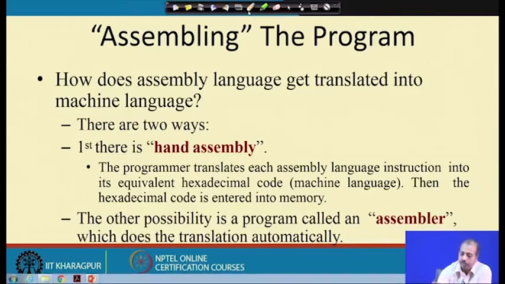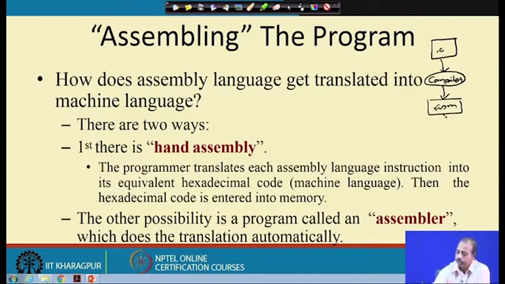Now, as I was telling, if I have a high level language program, say a C program, a .C file, it passes through a compiler. This compiler generates some assembly language program, let us say with the extension .asm, and then this assembly language program passes through an assembler and generates the machine code.